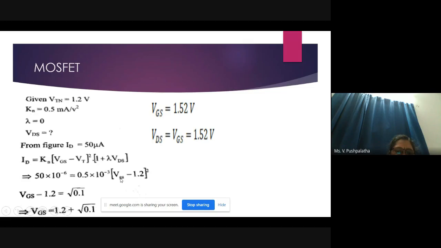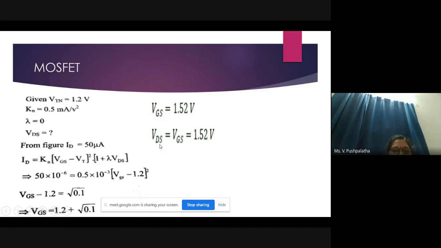So your VGS value is, if you solve it, you will get VGS minus 1.2 equal to root of 0.1, since 50 microamps over 0.5 milli. So your VGS value equal to 1.52 volt. Okay, 1.52 volt. So this is actually VDS equal to VGS, which is equal to 1.52 volt, right?